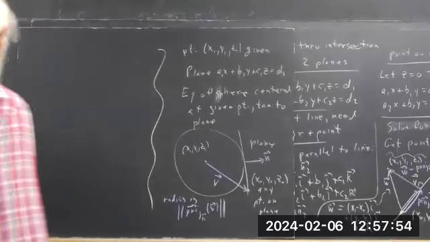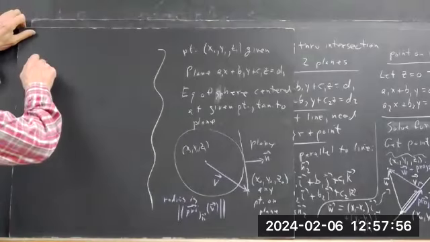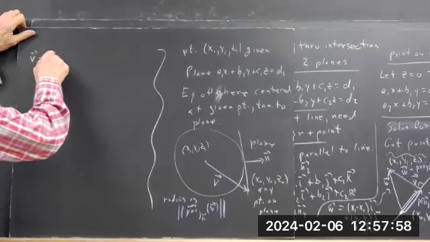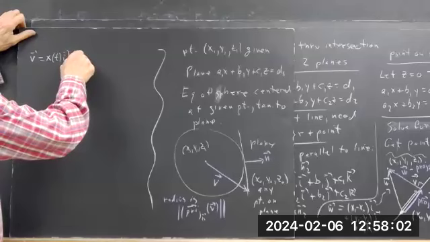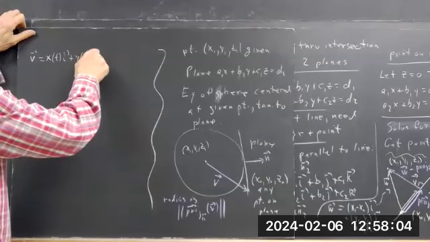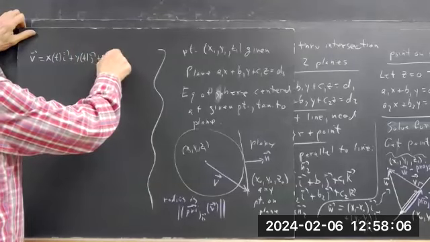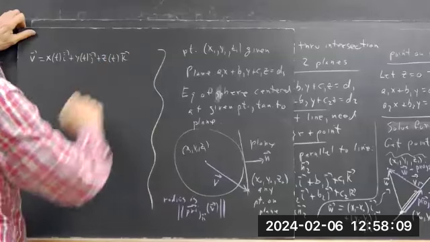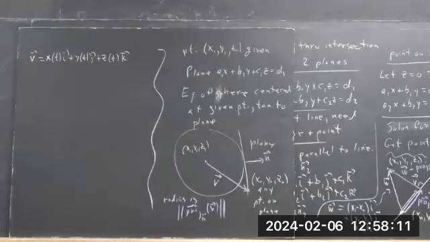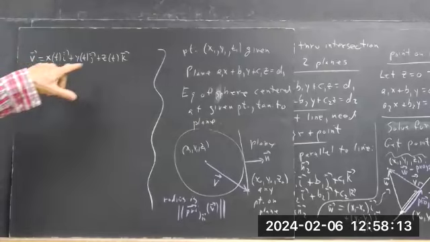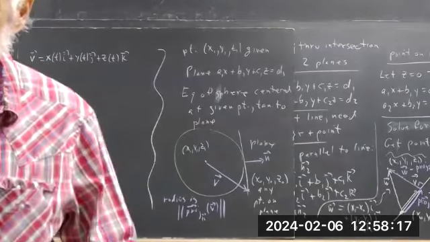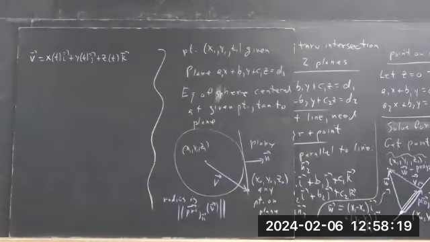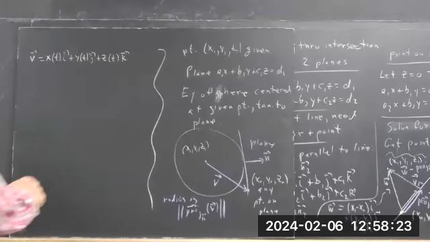So now, we've got this function parameterized by x of t, y of t, z of t. So that gives you some kind of a path.